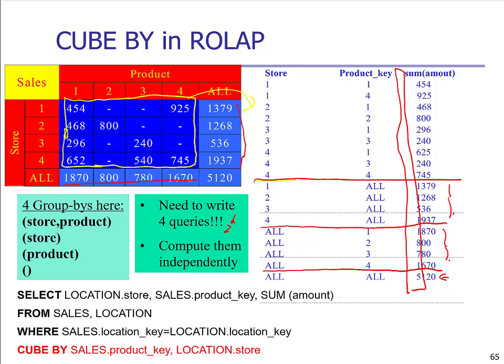If we consider the lattice of a cube, because we have 2 dimensions here, store and product, then we have all here. So we need 4 queries, which is 2 to the power of 2.